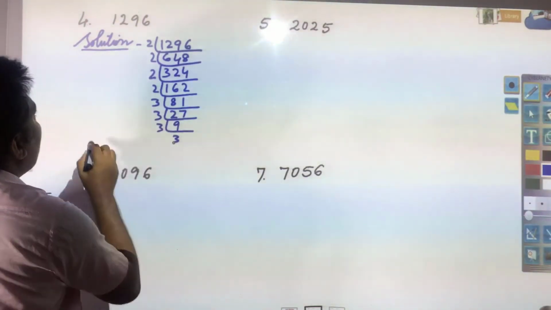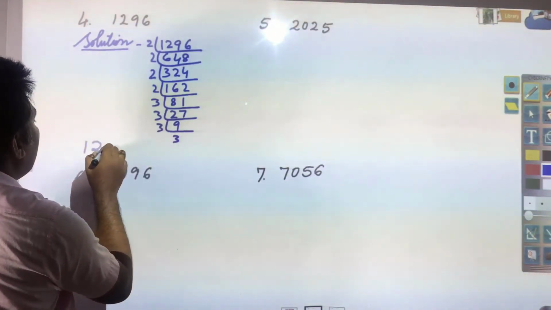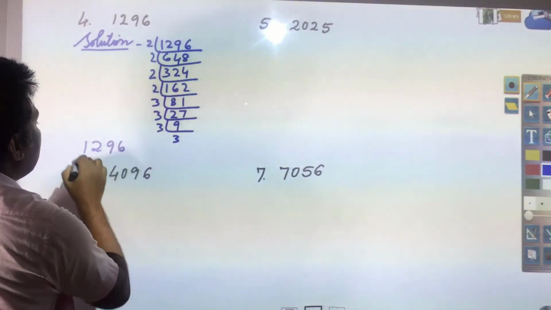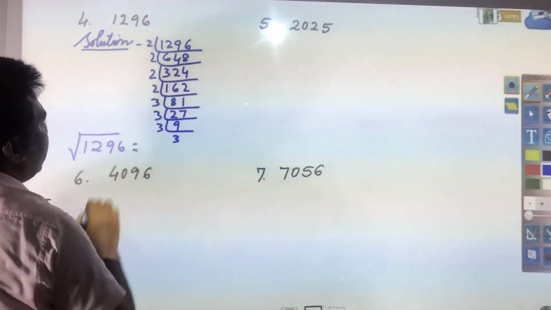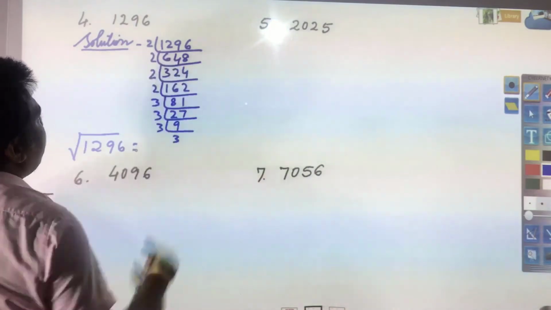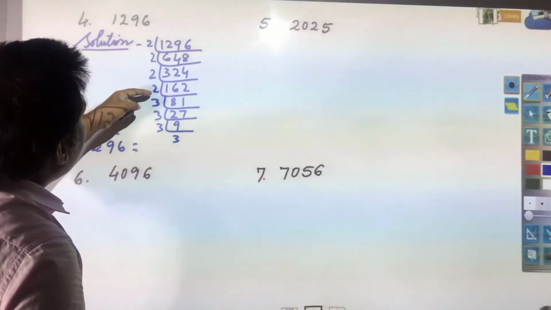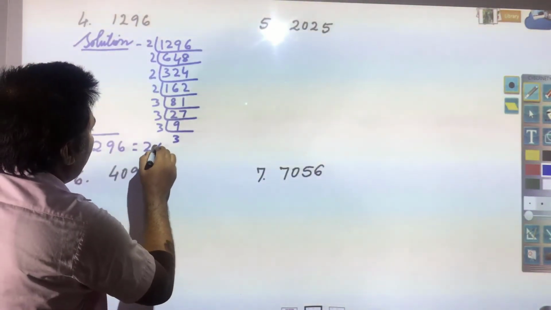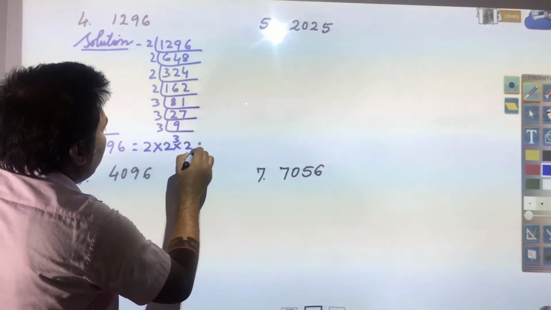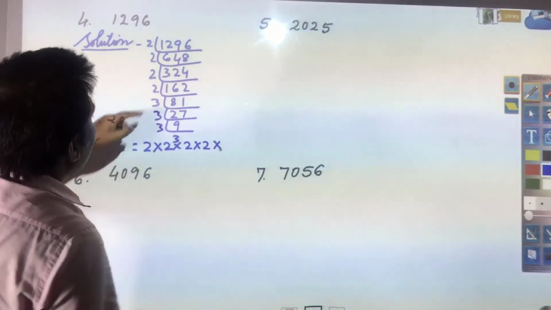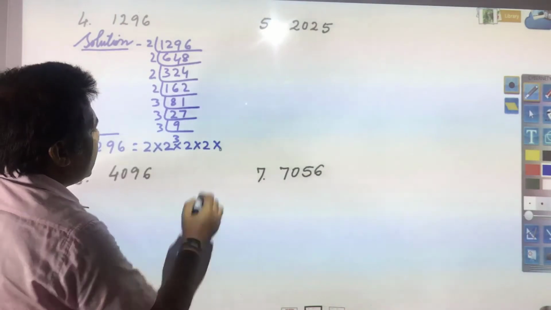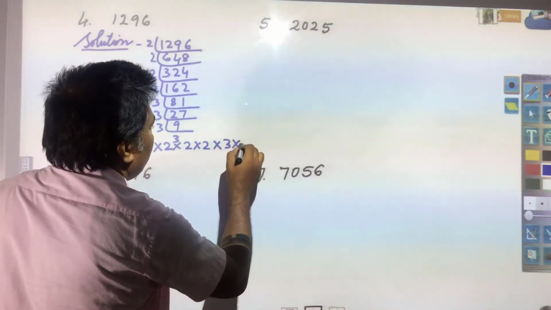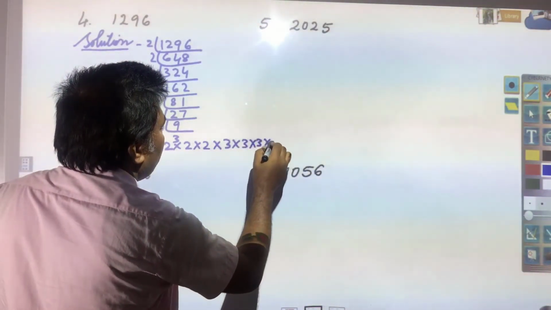So, 1296 under root will be, how many times do you have 2? 1 2 3 4, 2 into 2 into 2 into 2 and 1 2 3 4 times you have 3, 3 into 3 into 3 into 3.